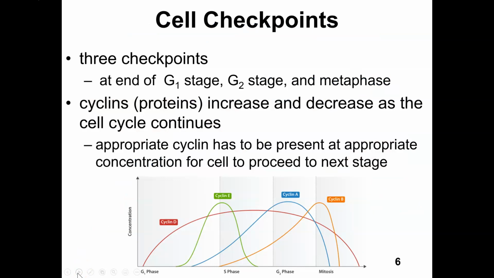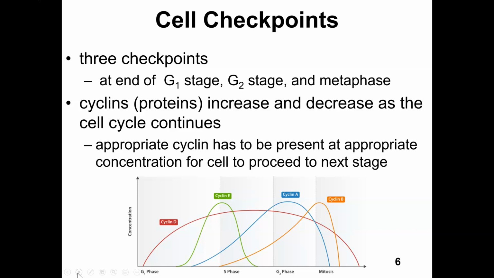So during the cell cycle, and actually during interphase and mitosis, the whole cell cycle, there are 3 checkpoints that the cell goes through. These are in G1, in G2, and in metaphase.